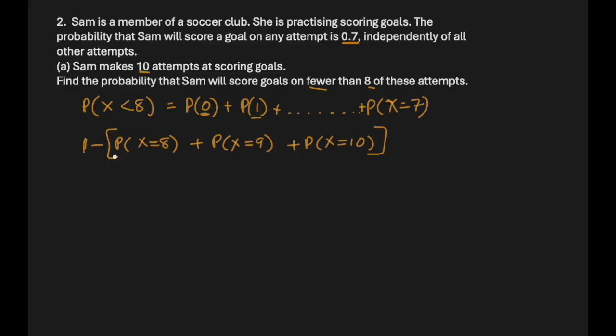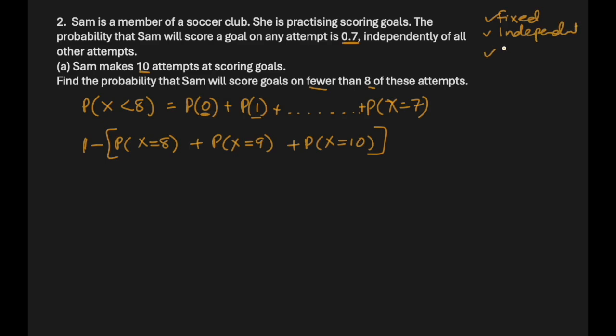And what will we use? We use binomial probability, because the conditions for binomial probability are met. There are a fixed number of attempts, which are 10. So first condition is met. The probability is independent of each other. That's second condition.